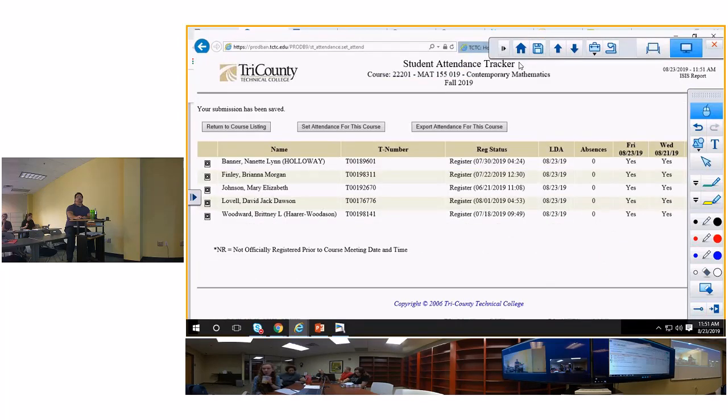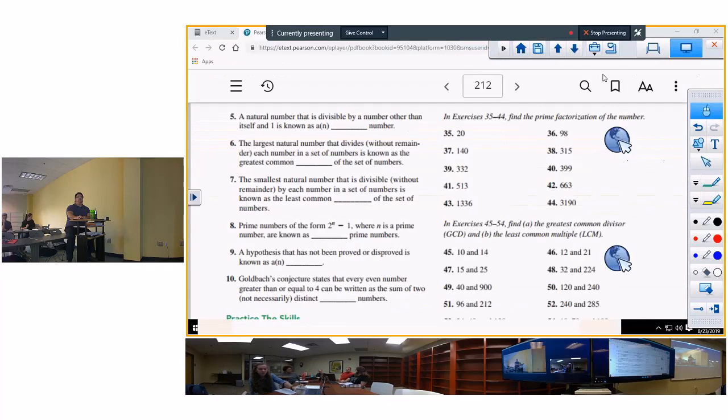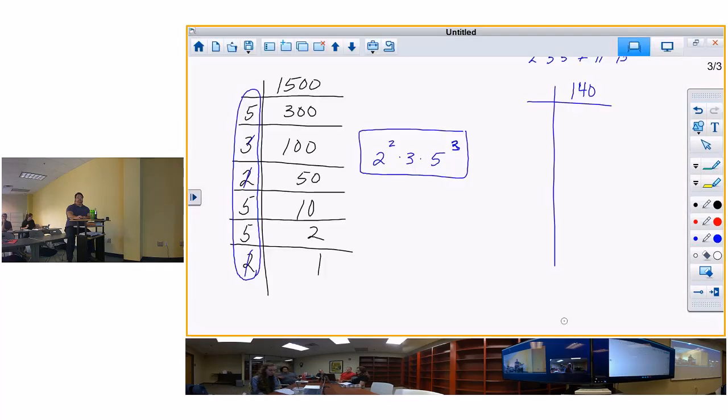Okay, so 140. 2, 3, 5, 7, 11, and sometimes 13. Which one do you think I'm going to use? 7? I'm going to use 2. Why? Because the 3 easiest numbers to divide into numbers are 2, 5, and what? 10.